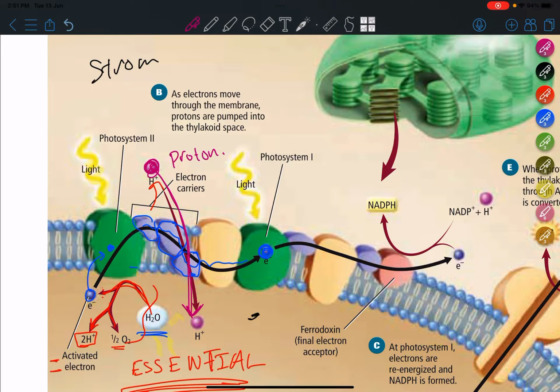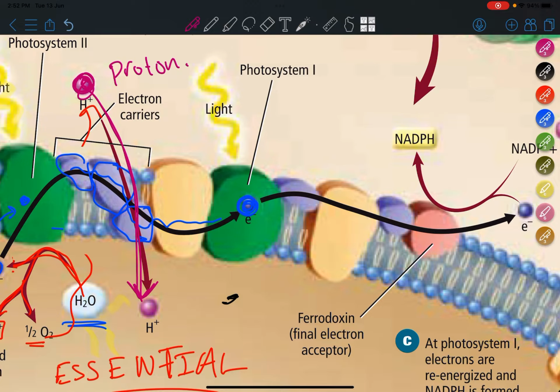Now, once they've reached photosystem 1, these electrons have lost most of the energy that they gained from photosystem 2. So what happens again in photosystem 1 is that light energy will hit these electrons again.